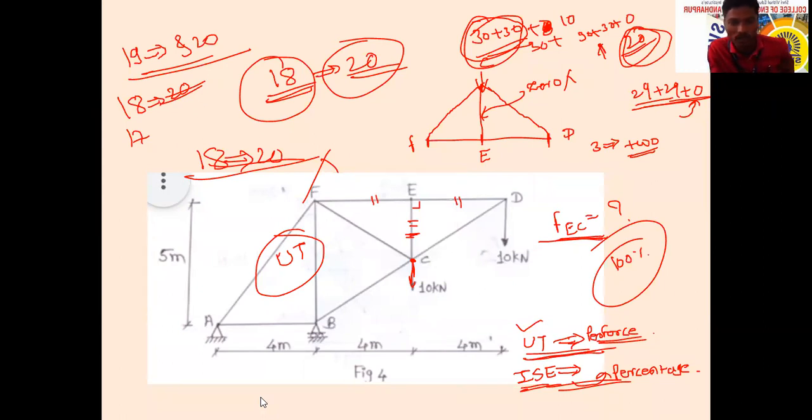All these three chapters are related to each other, but the fourth is totally different. CG and MI, center of gravity and moment of inertia. It is also an interesting chapter, but it is different. Here there is no question of taking moments, taking forces, resolution, etc.